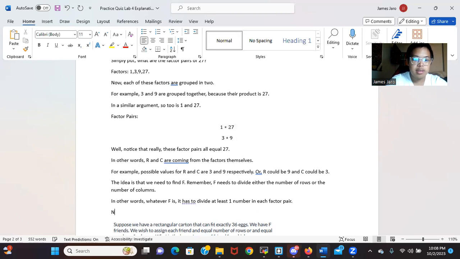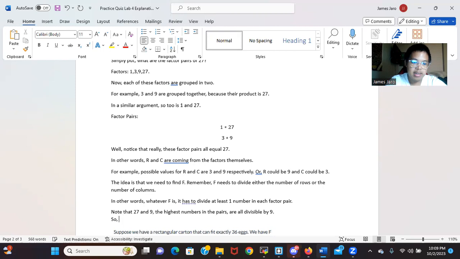And if we notice, at 27 and 9, the highest numbers in the pairs are all divisible by 9. So what we could do is set F to be 9.